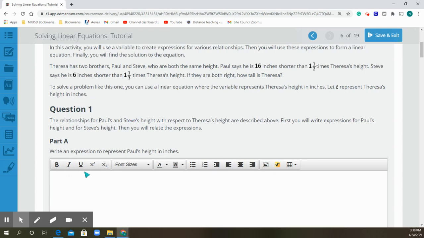Okay, question 1. The relationship for Paul's and Steve's height with respect to Teresa's height are described above. First, you will write expressions for Paul's height and then another expression for Steve's height. Then you will relate the expressions. So I'm essentially going to copy and paste down the bits of information from here for Paul.